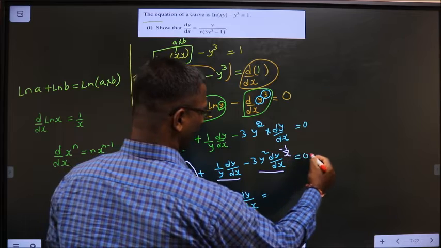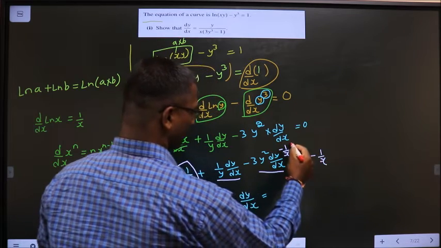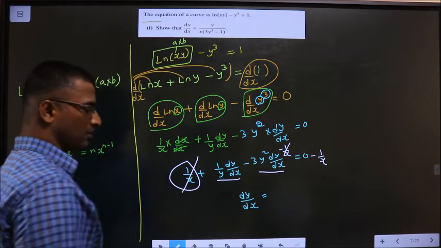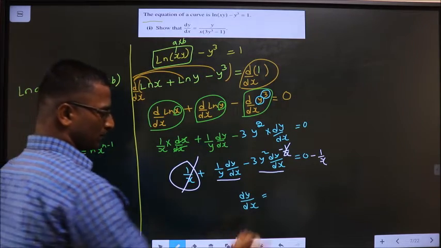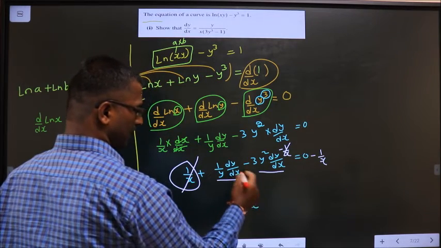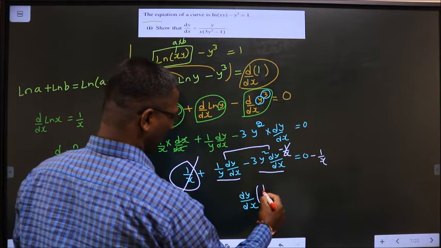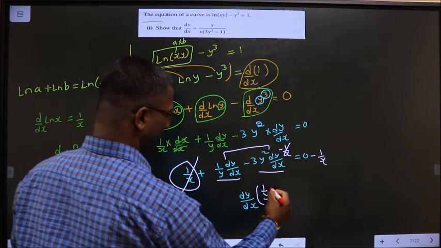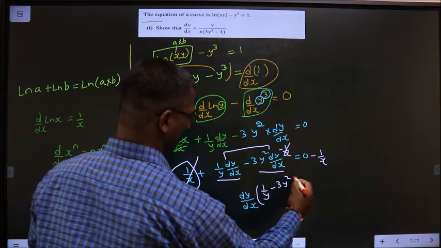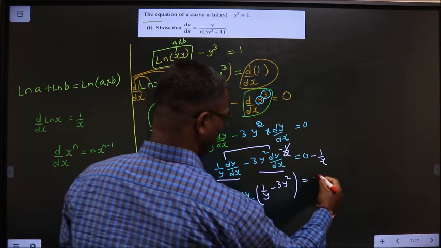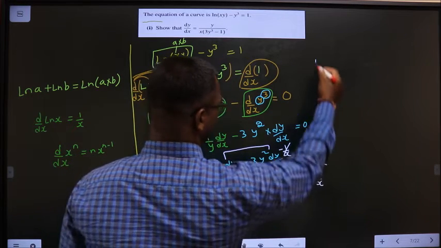Subtract 1 by x on both sides such that this cancels out. And also from these two take dy by dx common. So what do I get? Here 1 by y and here minus 3y square, equal to minus 1 by x.